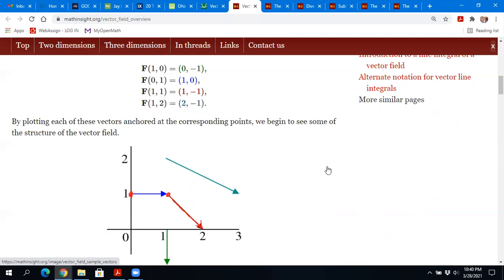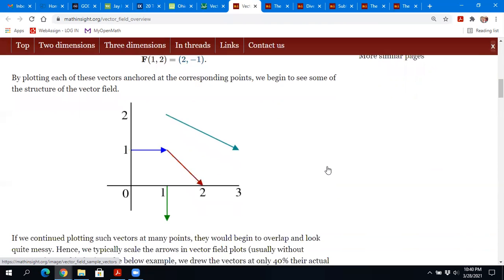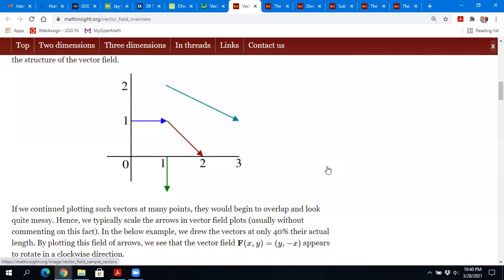F of (1, 2) is (2, -1), and they've drawn that as a vector emanating from the point (1, 2). Okay, there it is. And you start to get an idea, you're like, huh, that's interesting. That's sort of starting to take shape here. I wonder what would happen if I would just keep drawing these vectors everywhere.